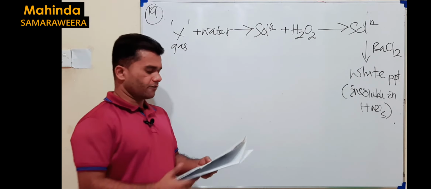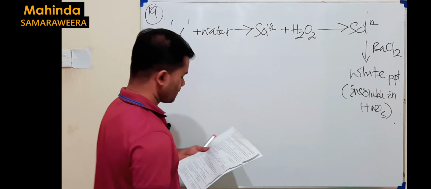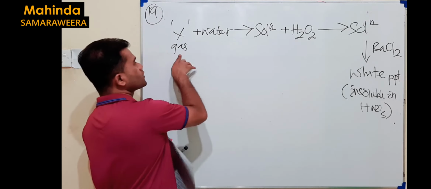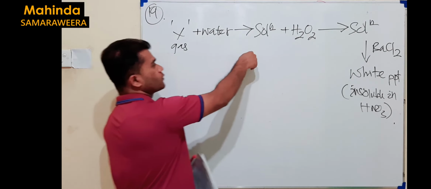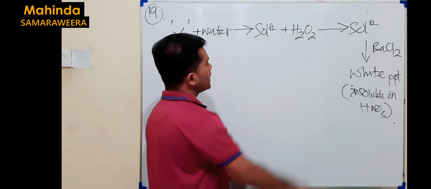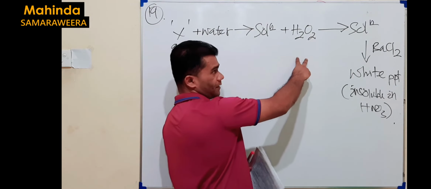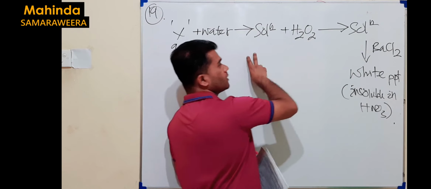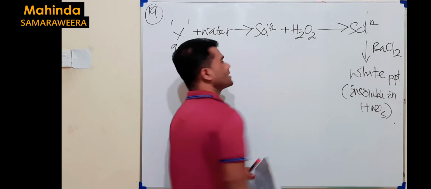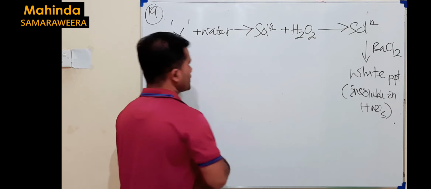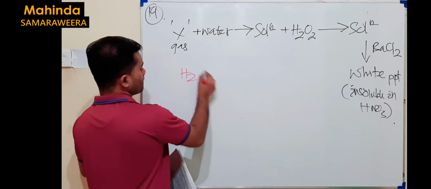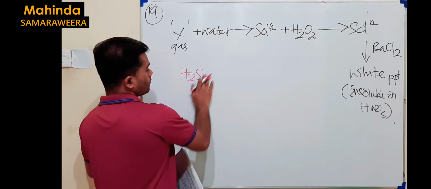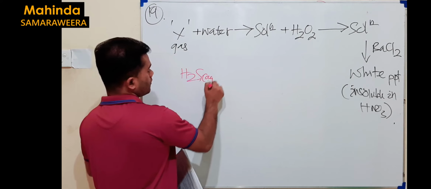Five answers are given. If it is H2S gas, with water it gives H2S aqueous. H2S aqueous with hydrogen peroxide will produce a sulfur precipitate. Understand? Why?